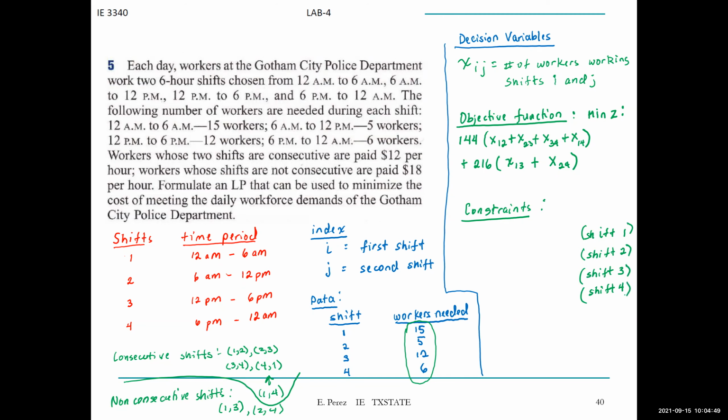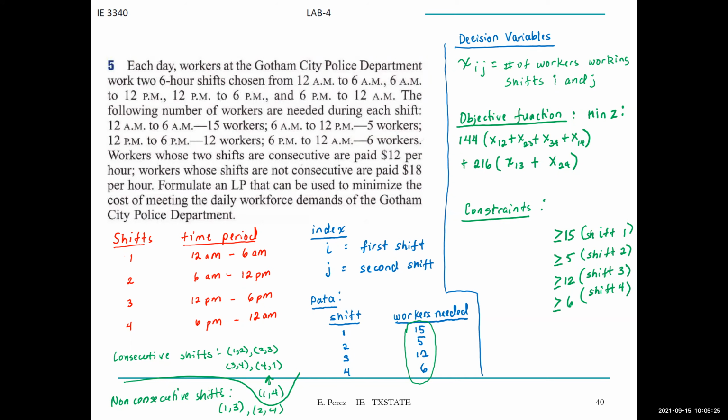So for shift 1, we want to make sure that we have at least 15. For shift 2, at least 5. For shift 3, at least 12. And for shift 4, at least 6. So the summation on the left side has to meet the right-hand side, at least this much, right? At least these many workers.